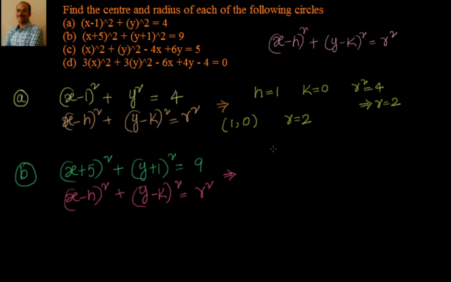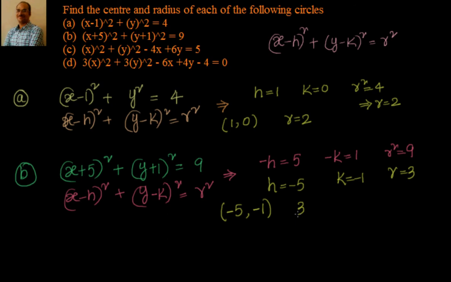If I compare, I have minus h equal to 5, minus k equal to 1, r square equal to 9. That will give me h equal to minus 5, k equal to minus 1 and r equal to 3. So the coordinates of the center are minus 5, minus 1 and the radius is equal to 3.